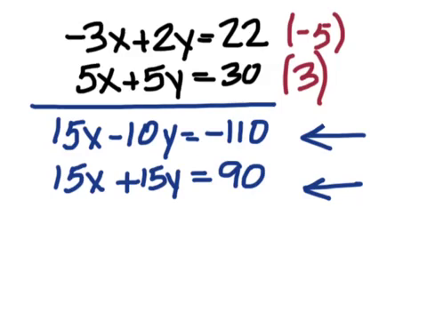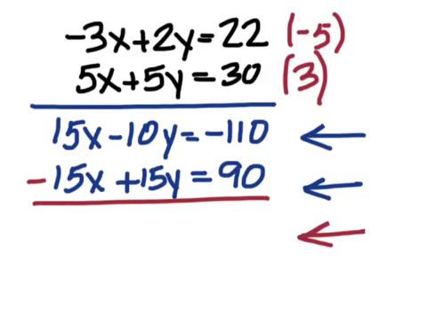If and only if you have 15x plus 15y equals 90, then come up here. Subtract the two equations. I need a number. Y equals a number. Don't bring me the solution for y.